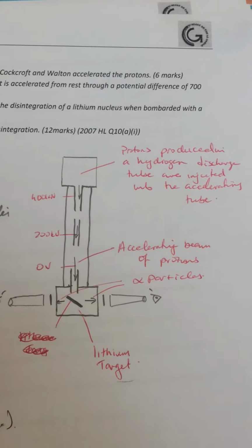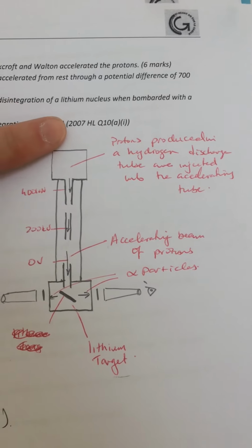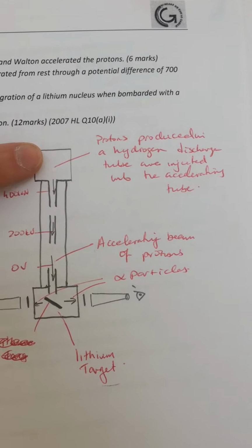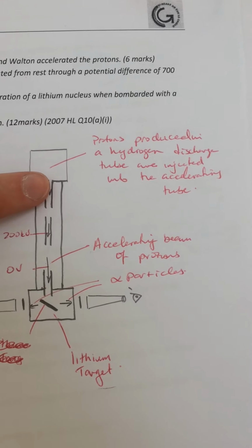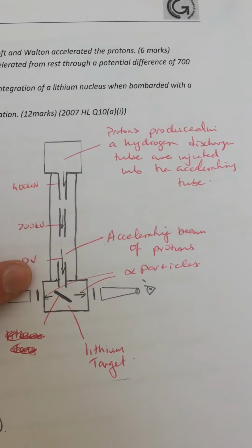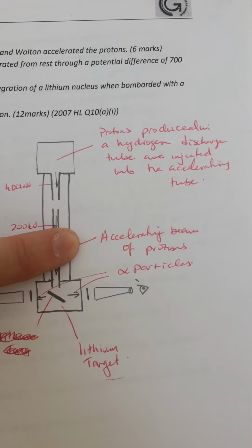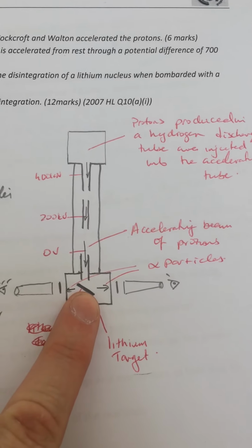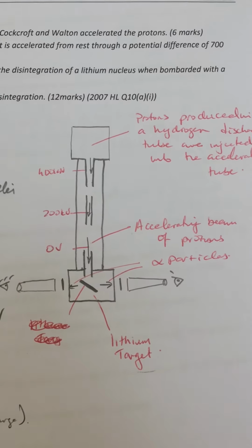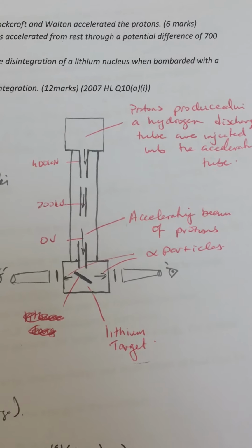So again, points that I would have had here, I would have shown where protons were produced in a hydrogen discharge tube and then injected into the accelerating tube, showed the high potential difference for accelerating of the protons, showed the lithium target, and then showing the alpha particles being produced.